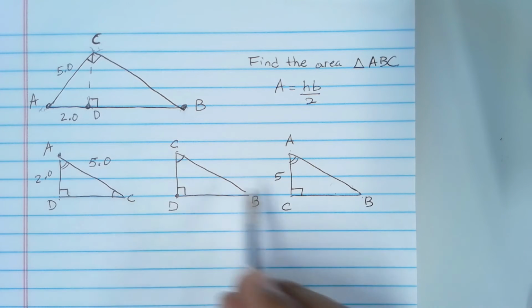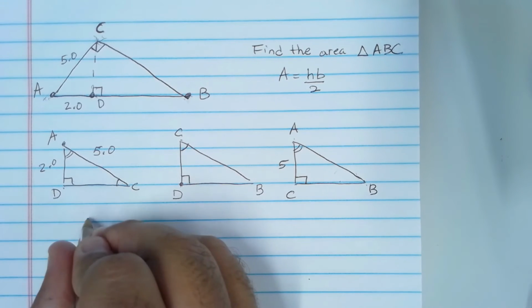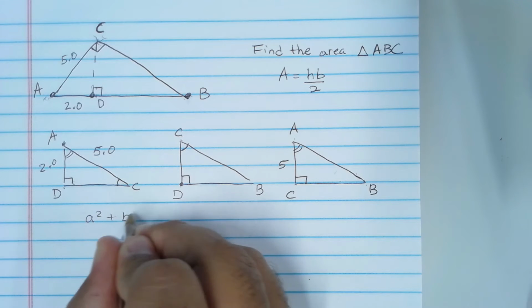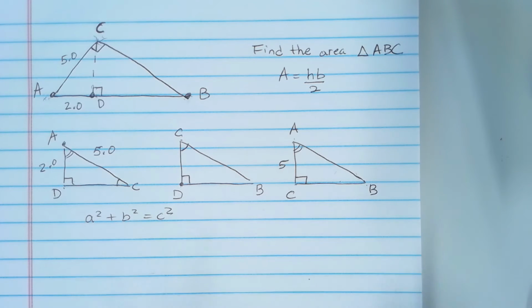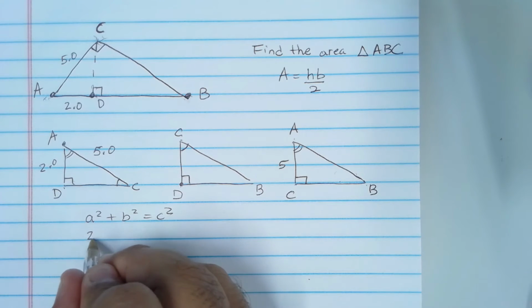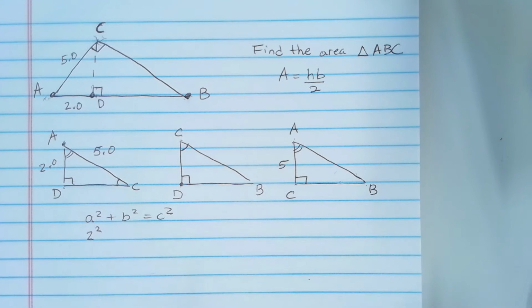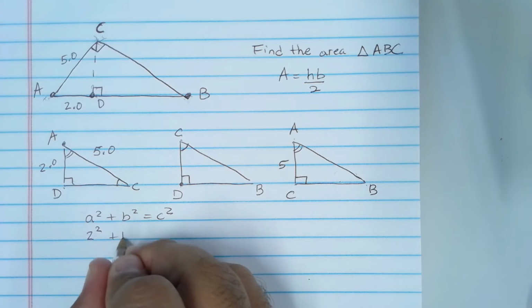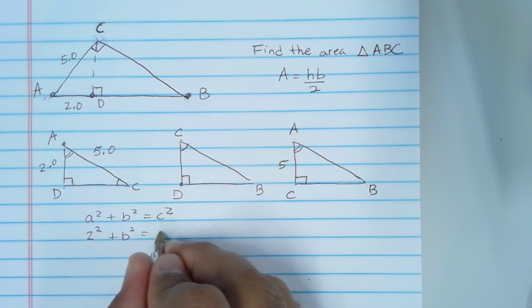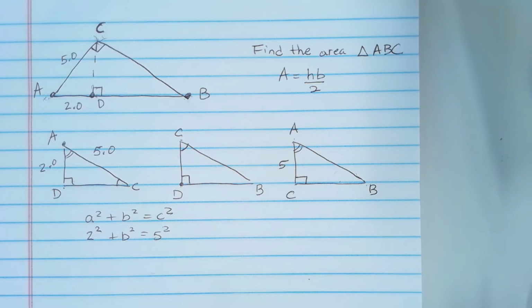All right. We can use the Pythagorean theorem first. So we'll take this one here. A squared plus B squared is equal to C squared. What is going to be my A? 2. Good. What's my B? We don't know it. Good. And what's my C? All right. So what's 2 squared? 4.